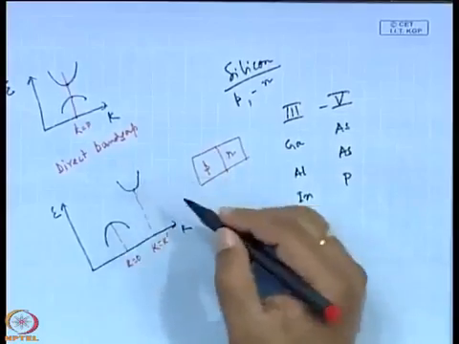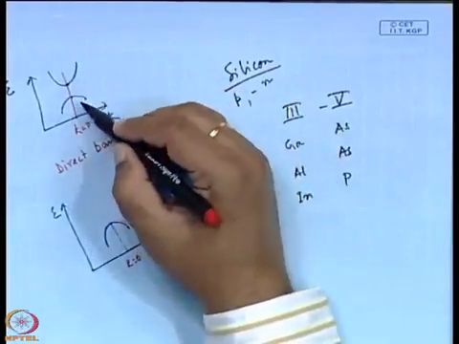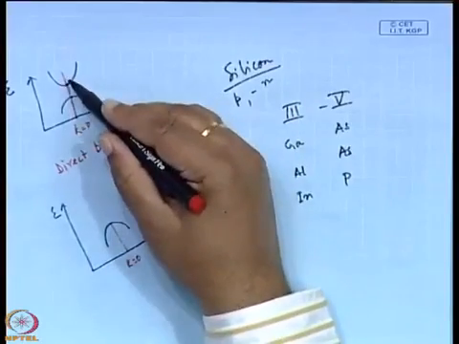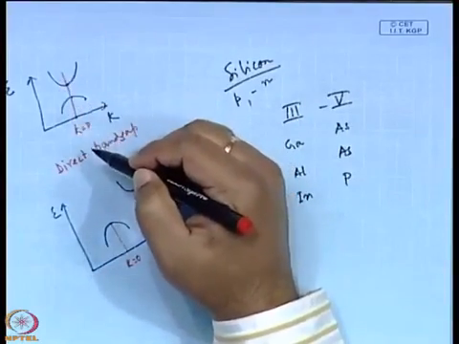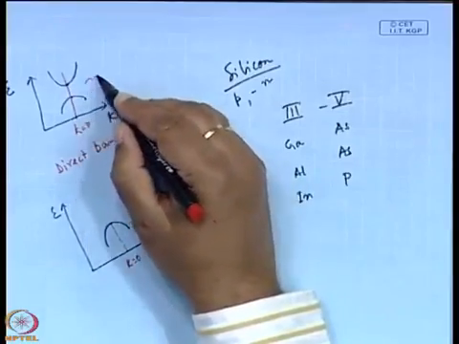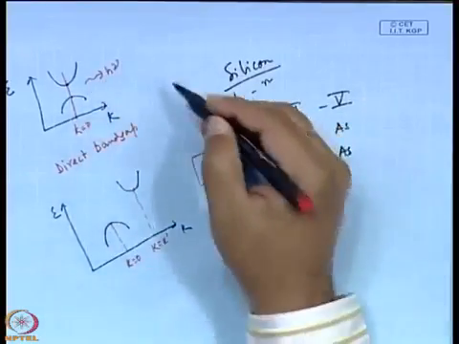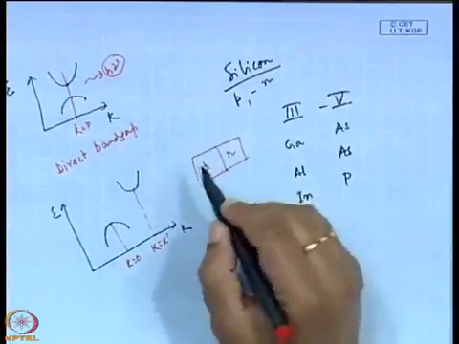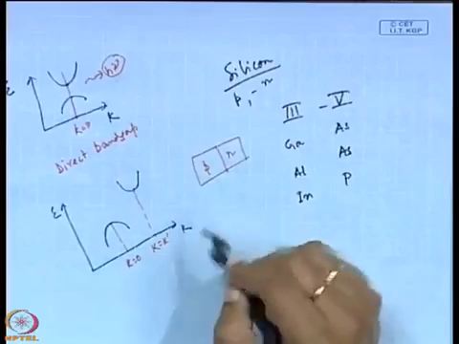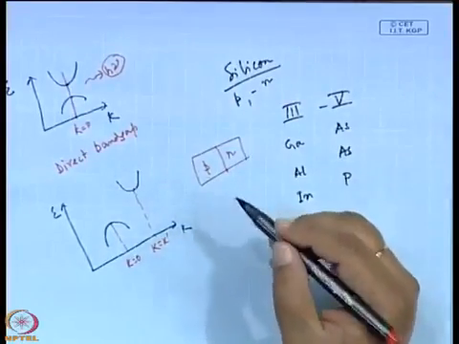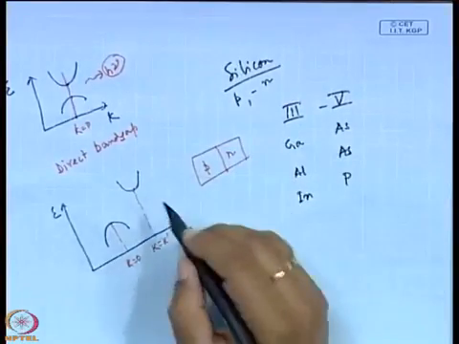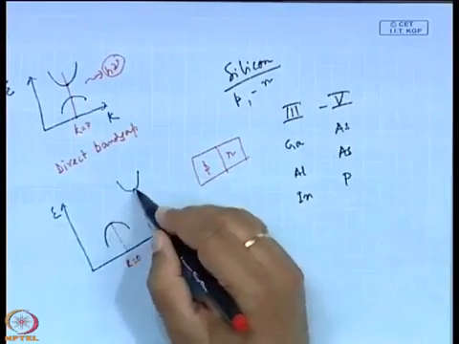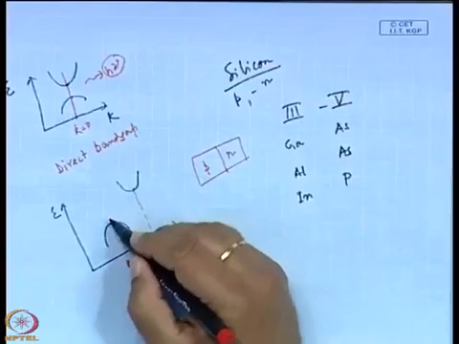Normally, when an electron moves from the valence band to the conduction band and then comes back to recombine with the holes in the valence band, electromagnetic radiation is emitted, and this gives rise to light, which is the basic principle of the light emitting diode, one of the most important components in optoelectronics. But for the indirect band gap semiconductor, because the momentum is different, conservation of momentum is required.